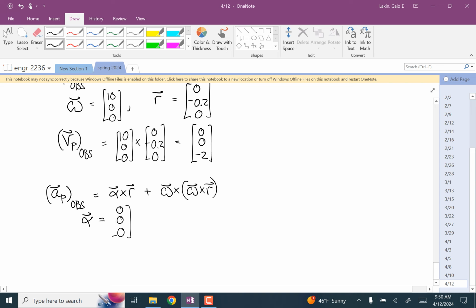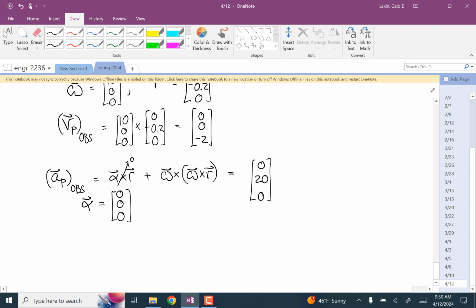And so this comes out to be 0, 20, 0, using the r and the lowercase omega from the velocity one. And so now we can put it all together.